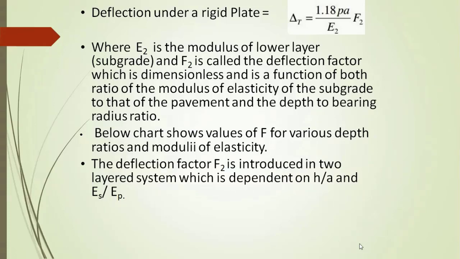In the chart we show the value of F for various depth ratios and moduli of elasticity. So the deflection factor F2 is introduced in the two layer system, which depends on H by A and ES by EP, that is E1 by E2. P is the tire pressure.